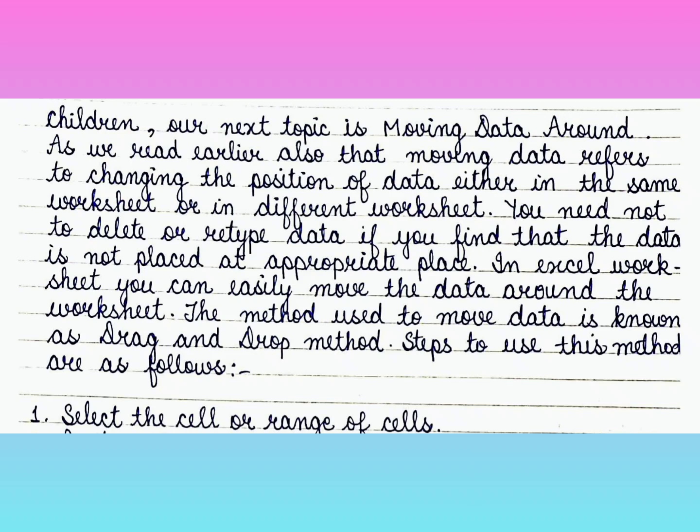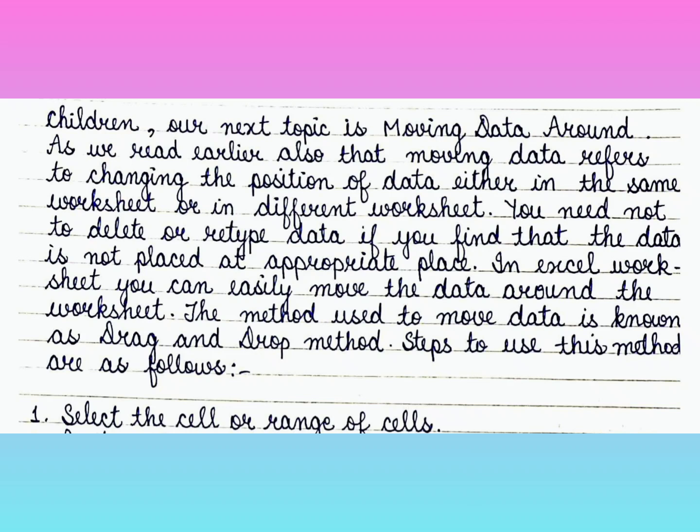You need not delete or retype data if you find that the data is not placed at appropriate place. In Excel worksheet, you can easily move the data around the worksheet. The method used to move data is known as drag and drop method.